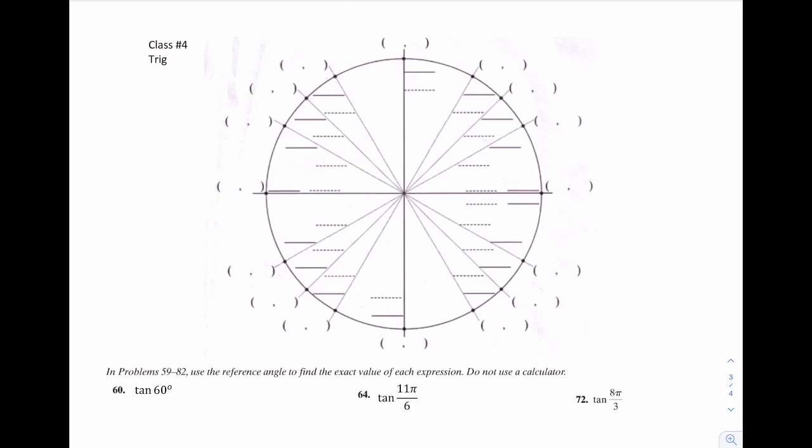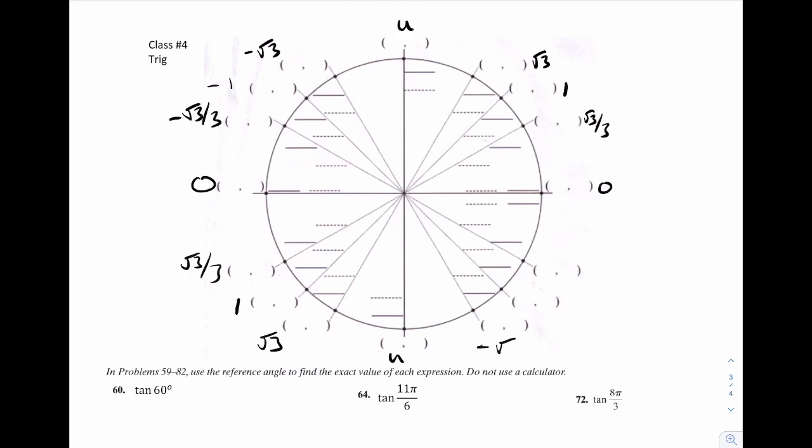So now for tan, I'm going to give you the tan shortcut here. 0, root 3 over 3, 1, root 3, undefined, negative root 3, negative 1, negative root 3 over 3, 0, positive root 3 over 3, 1, root 3, undefined, negative root 3, negative 1, negative root 3 over 3. So those are going to be the tan values. And I got that by simply dividing all the numbers.